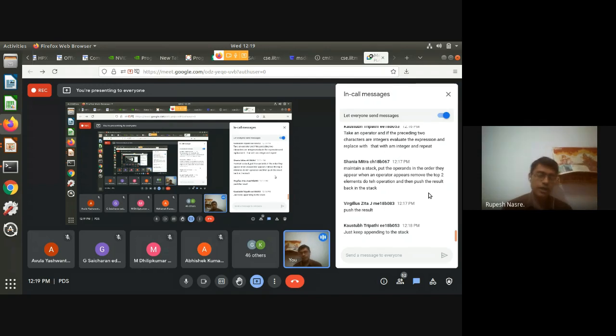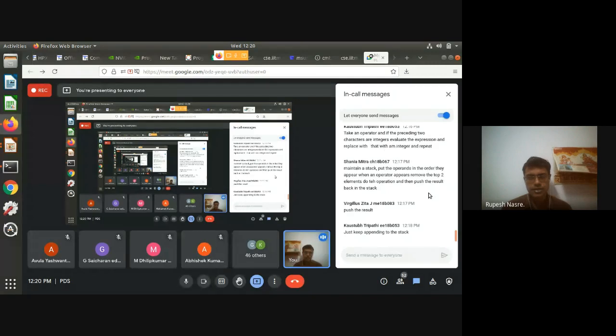Okay. So your algorithm seems to be on track, right? In fact, the algorithms are correct, except for this last part that we kind of discovered, that if an operator comes and it does not have enough operands available, then we can push the operator. Right? So this seems to be a little new thing.